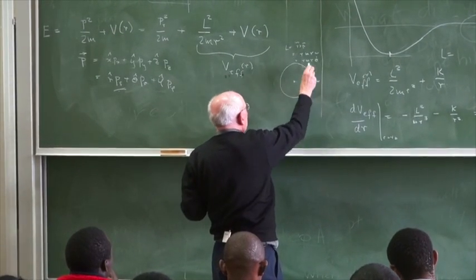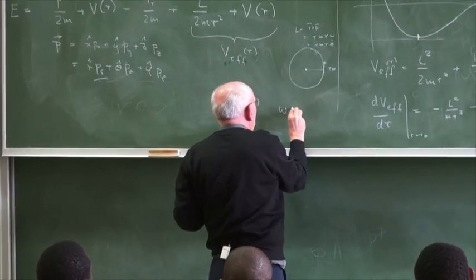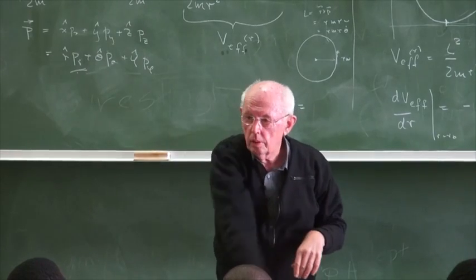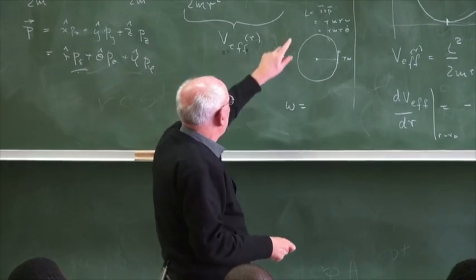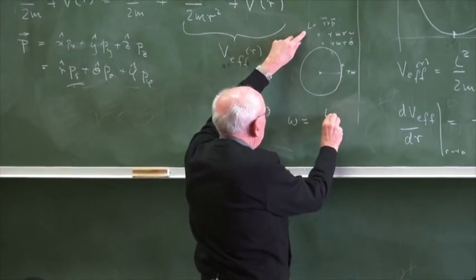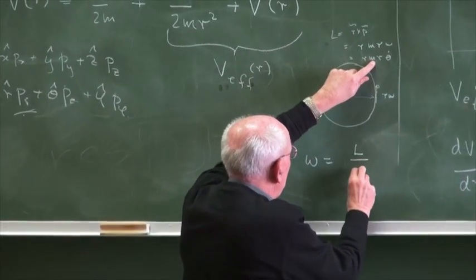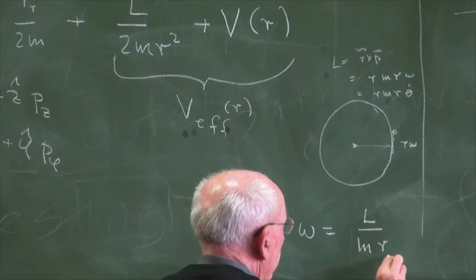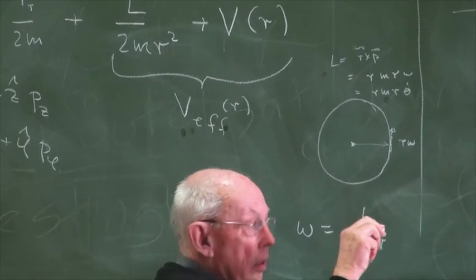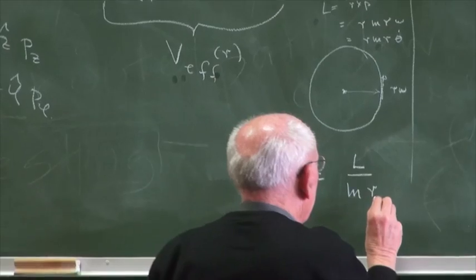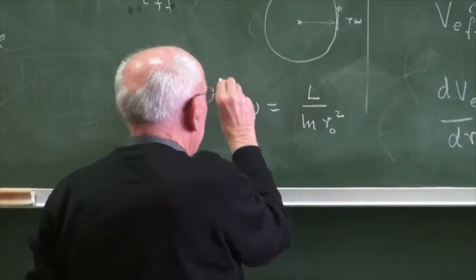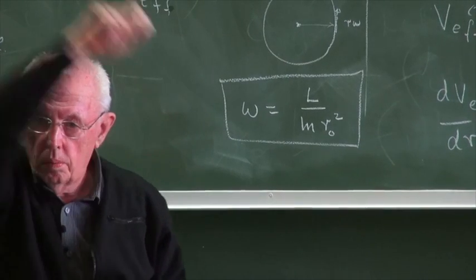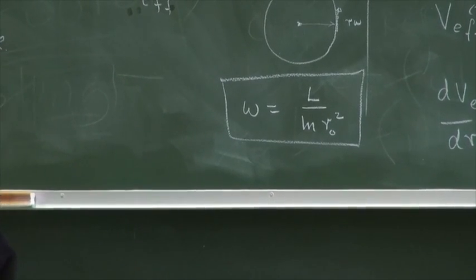So this omega, with which it runs around in the circular case, is L over m r squared, and if I am at that point, then this is r0 squared. So this is the frequency with which it goes around.